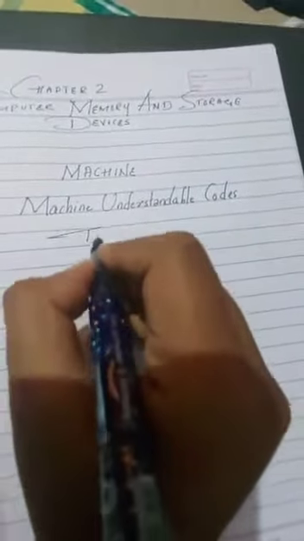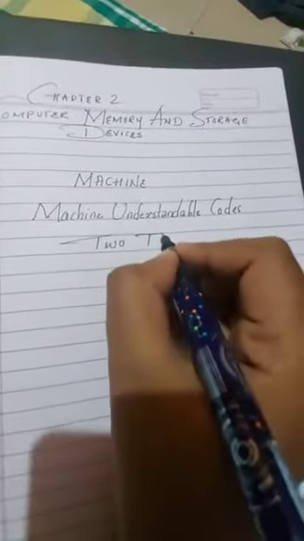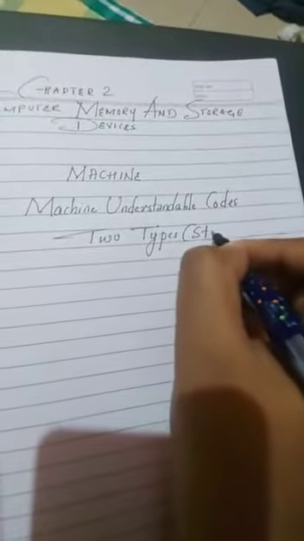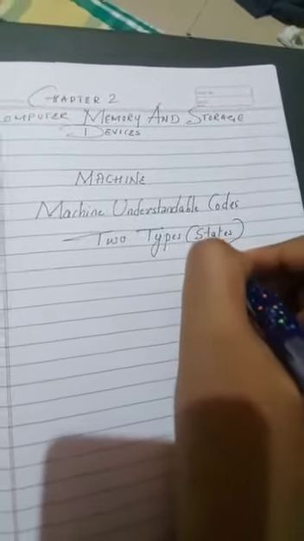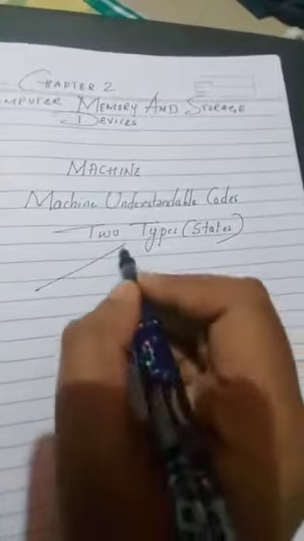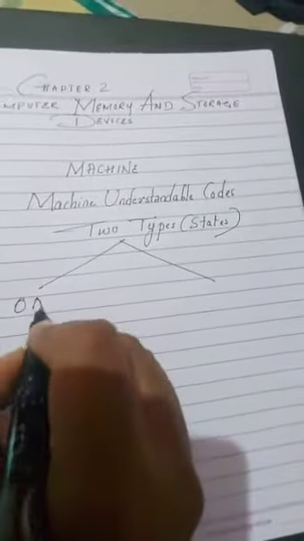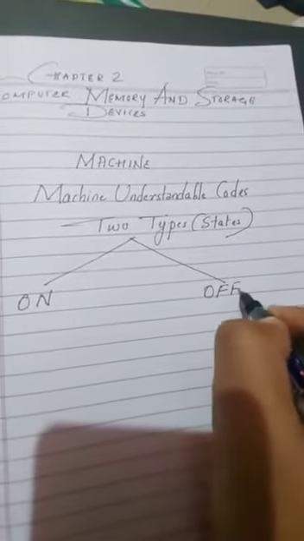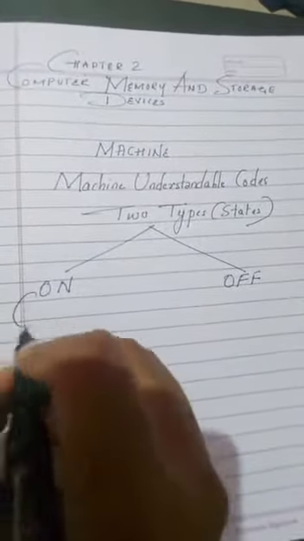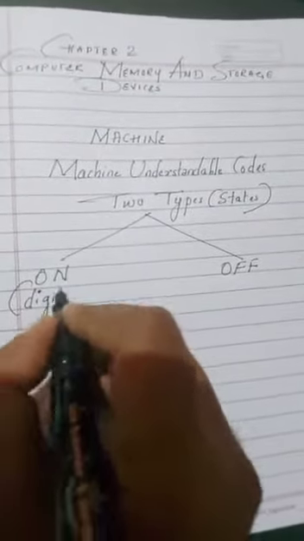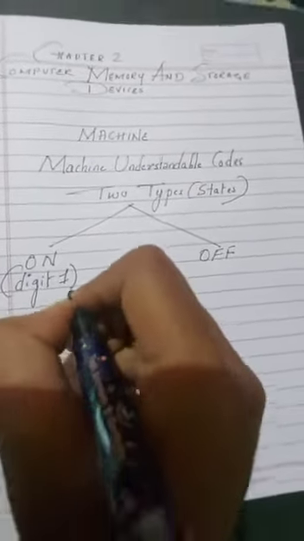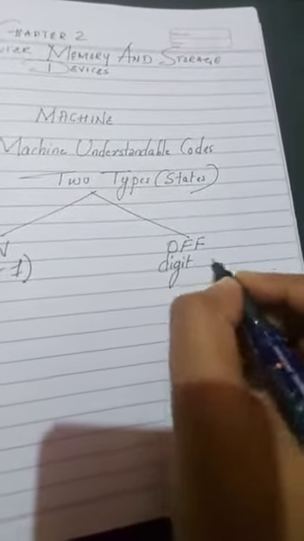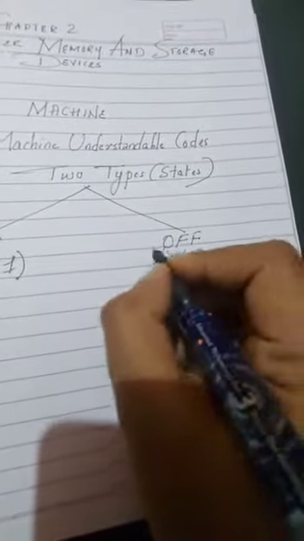So what are those? There are two types, or two states. One is the on state and the other is the off state. The on state is represented with digit 1 and the off state is represented with digit 0.